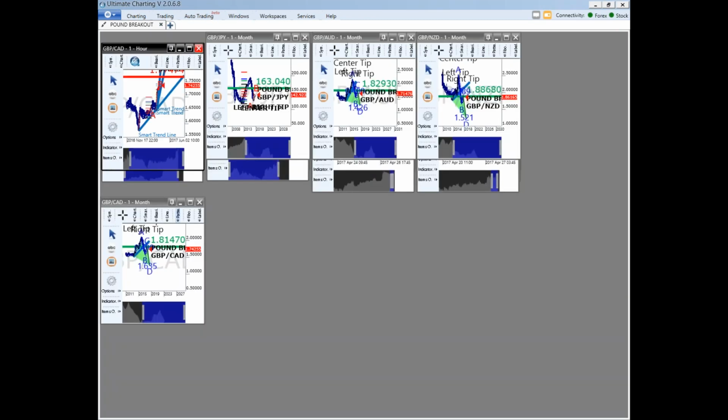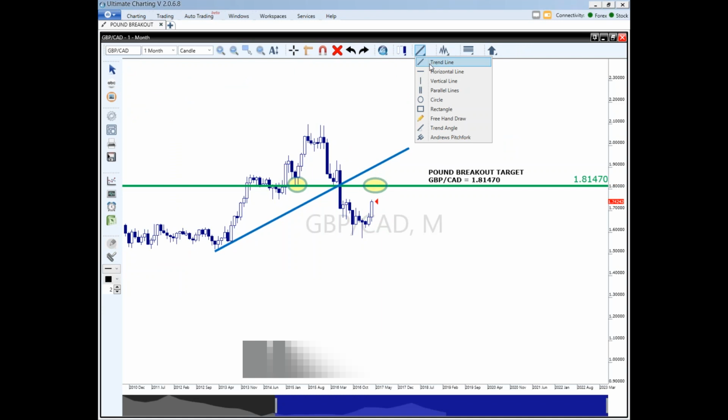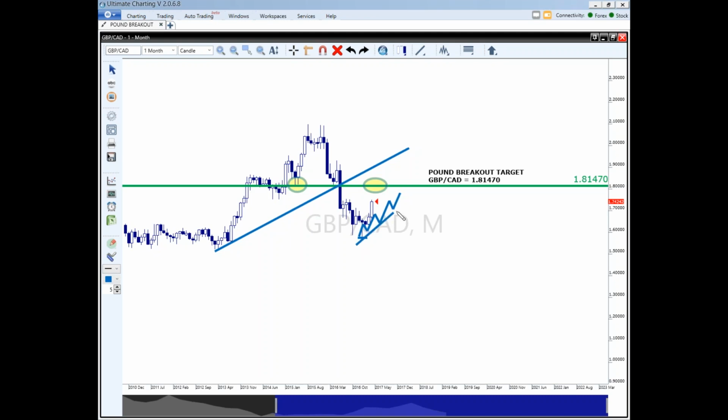Okay, so for those of you that are looking at, where do we start our analysis? We started our analysis for the pound Canadian right here on the 1 hour time frame. This is where we began our analysis right there, because we're looking at the market climbing, making higher highs, higher lows towards that pound prediction target. If that makes sense, type in a Y or a yes.